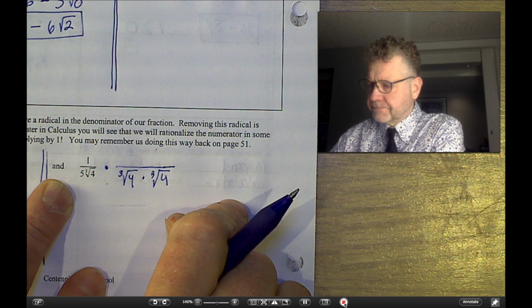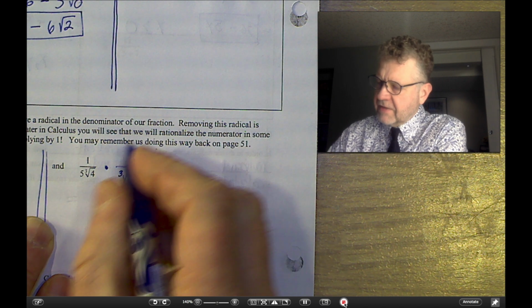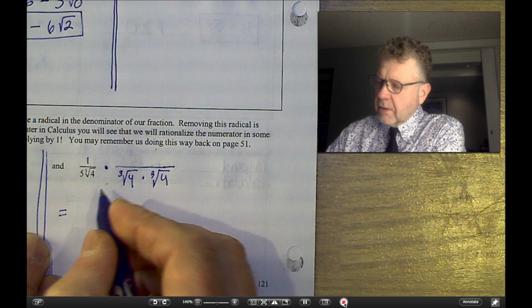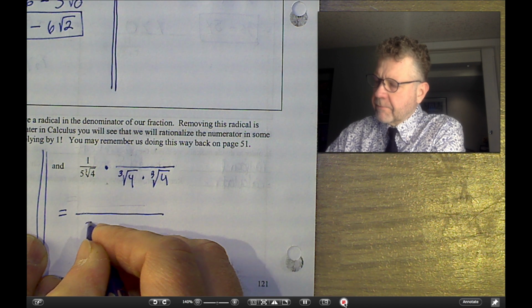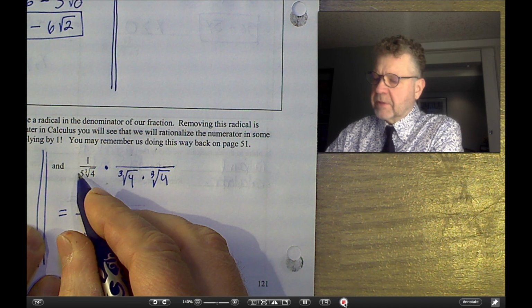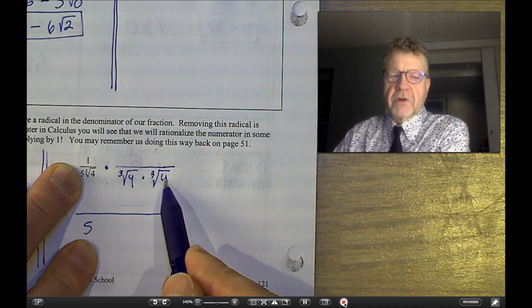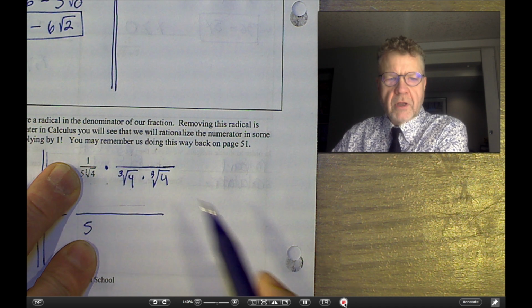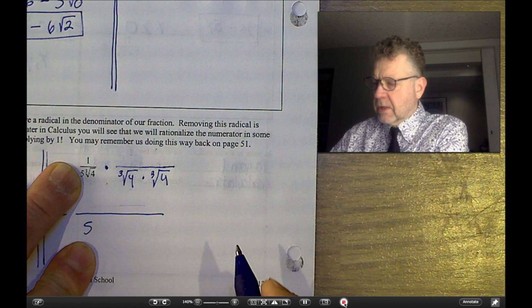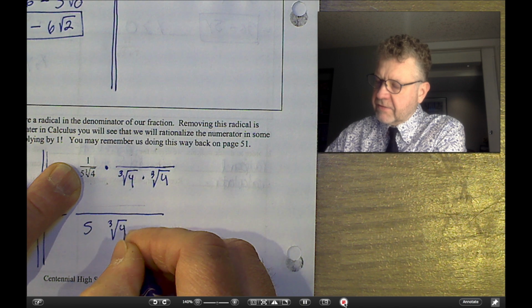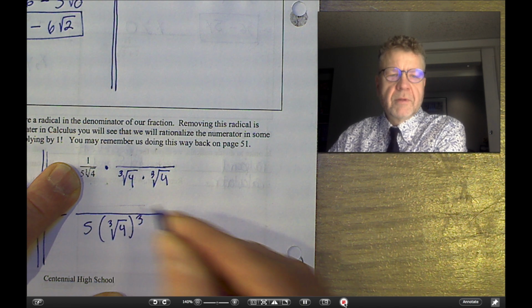Here's how. Let's just look at the bottom. First, we're going to have the 5, because I'm not multiplying the 5 by all this mess. Now I've got cube root of 4 times cube root of 4 times cube root of 4. What's that going to be? Well, it is exactly this cubed.